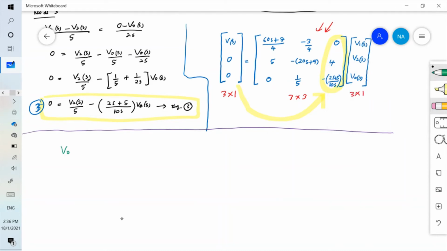So V0s equals the determinant of the special matrix, and that special matrix is this.